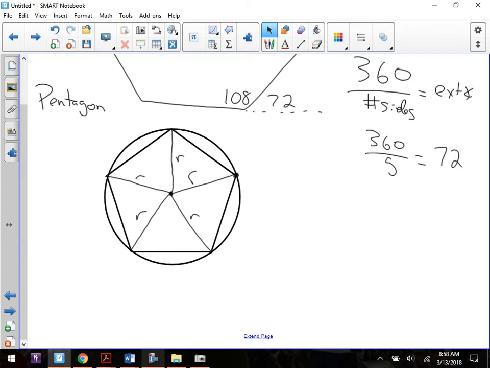And all those radii are always going to be the same. You okay with that? Yes, no, maybe so. Now, what happens with these things being what we call regular is that the radius always, always, always bisects the angles, no matter what. No matter what regular polygon you have, that radius will always bisect that angle.